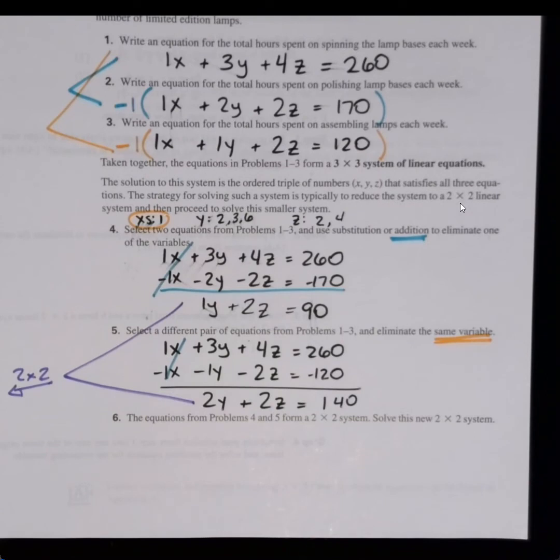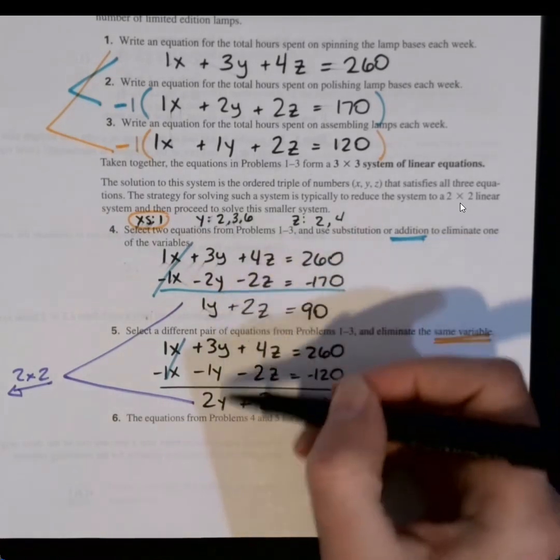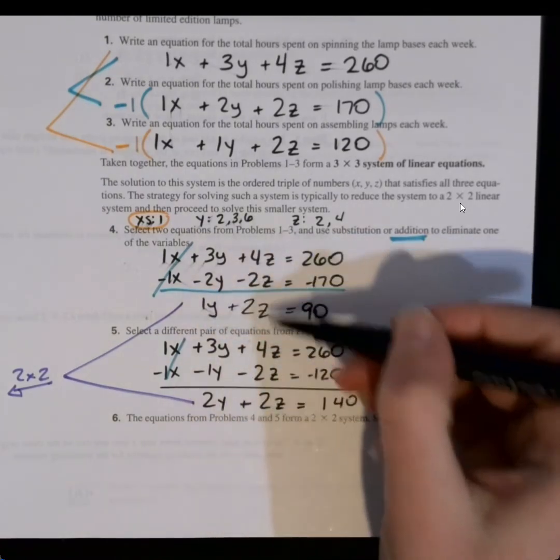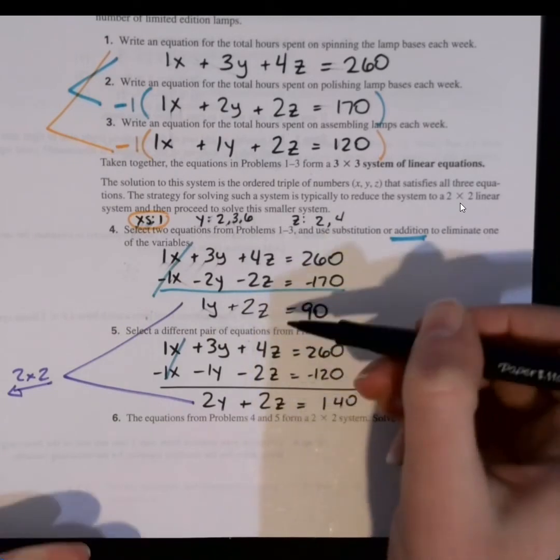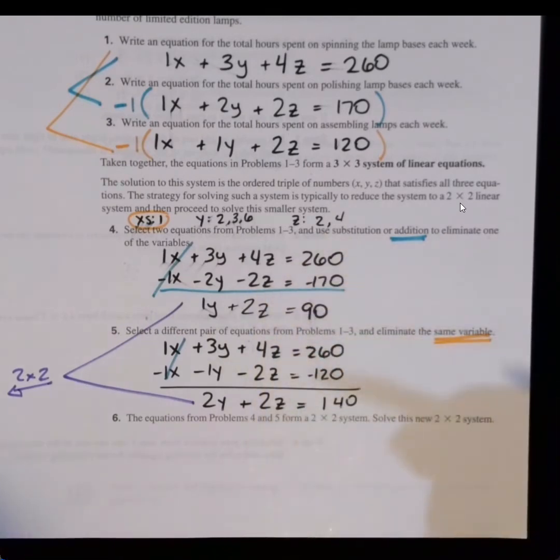I could use substitution or addition, whatever I want to get rid of one of my variables. I'm on a roll with the addition method, so I'm going to keep it up. I notice that my z's are already both 2's, so let's get rid of z.